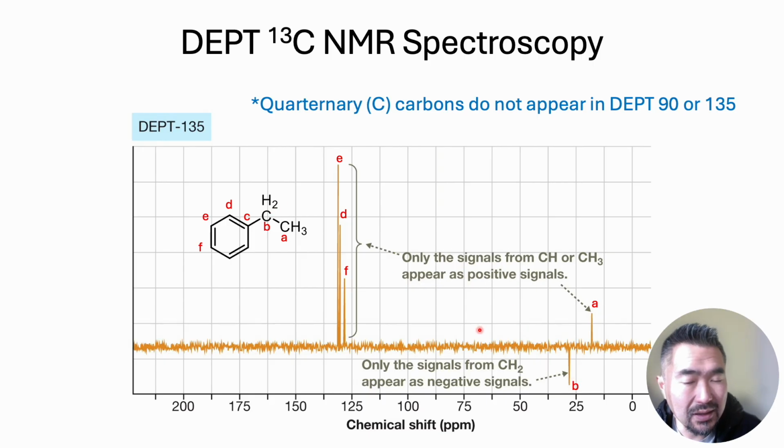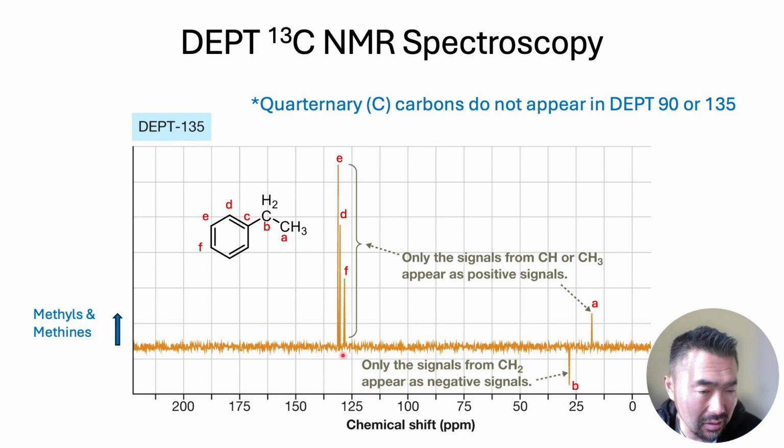You notice in DEPT135 there's 2 phases. The positive phase, which is like normal, and the negative phase, which is a peak that's going downward. On the top positive phase, you would see methyls, CH3s, and methines, CHs, both. And then in the negative phase, you will see methylenes, or CH2.